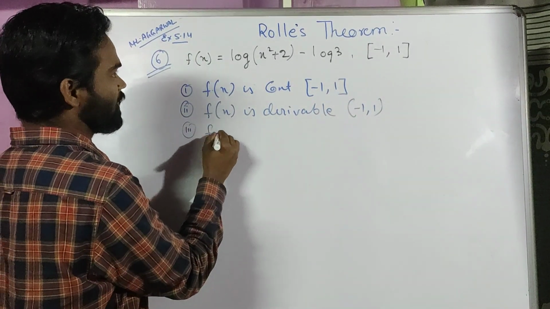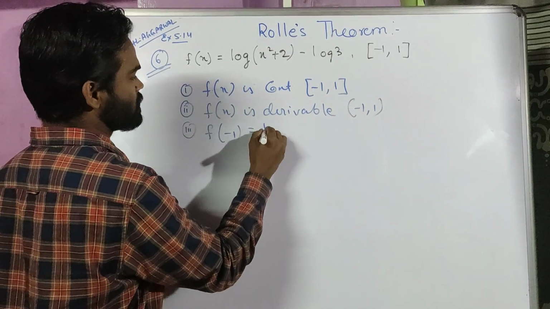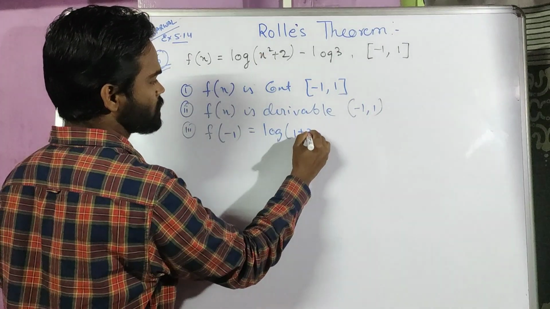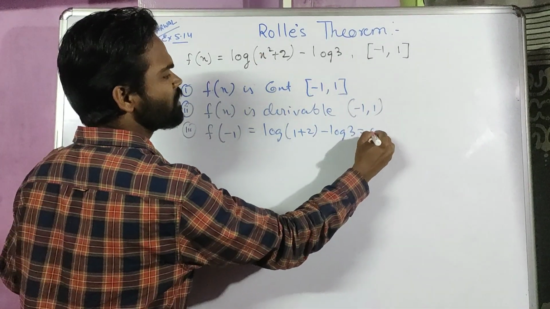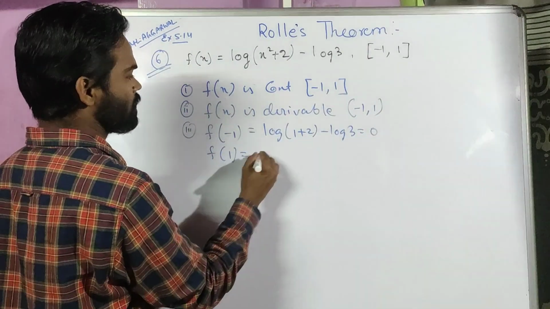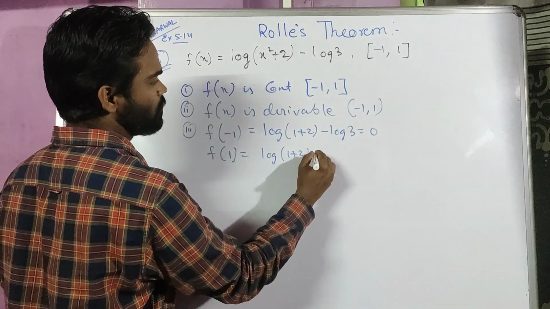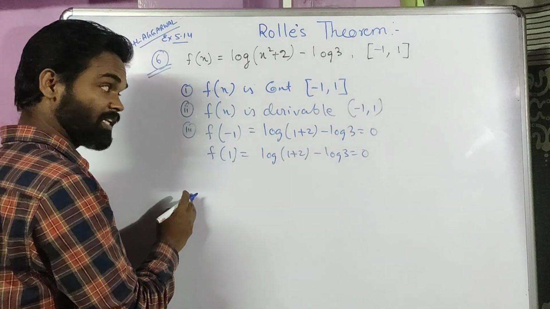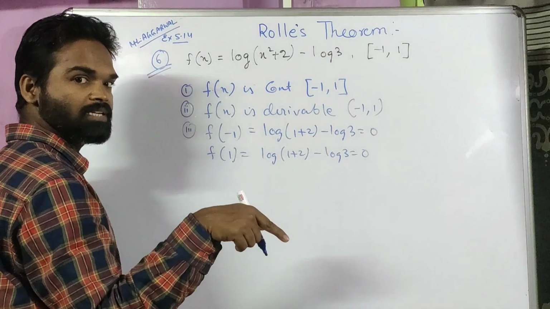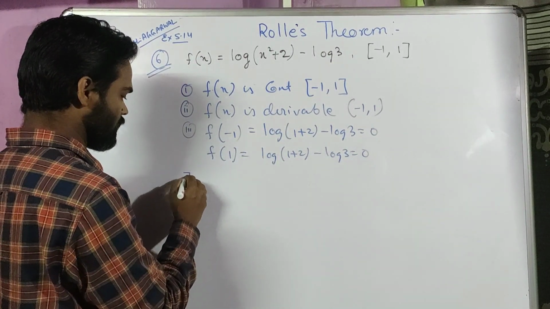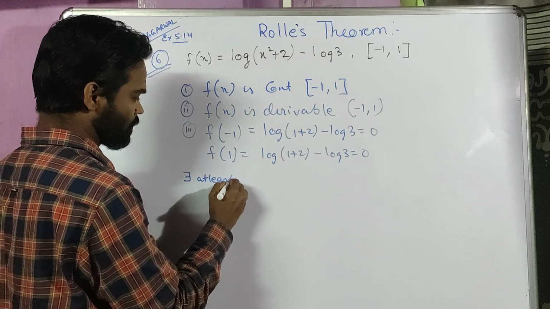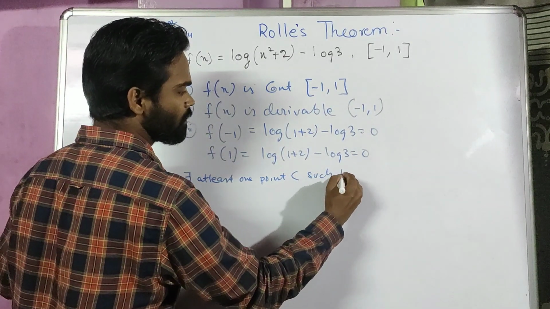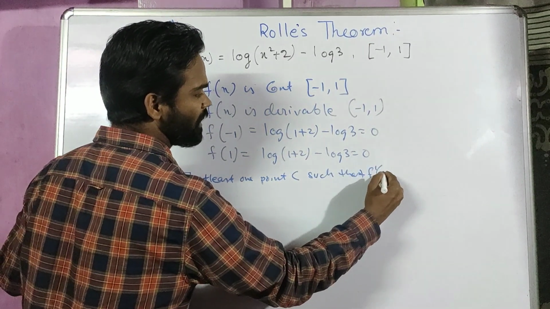Third, we'll find f of a. f of a is log of minus 1 squared becomes 1, plus 2, minus log 3, and this becomes 0. Similarly, f of 1 becomes log of 1 plus 2, minus log 3 equals 0, which means all the three conditions are satisfied, which means there exists at least one point c such that f dash c is 0.